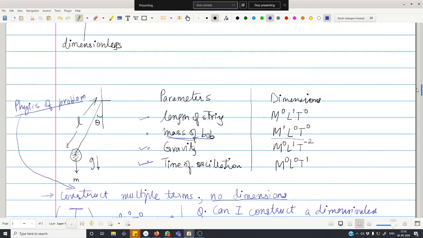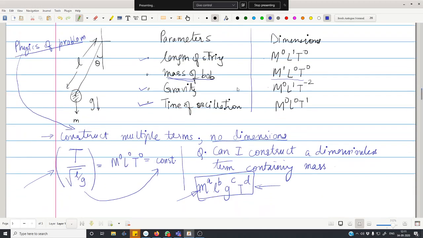Let us go back to the simple pendulum. Suppose I start doing the experiment without doing this preliminary analysis of dimensions.